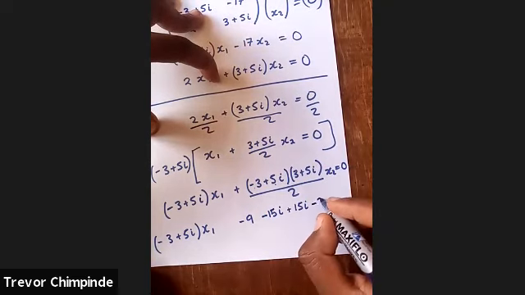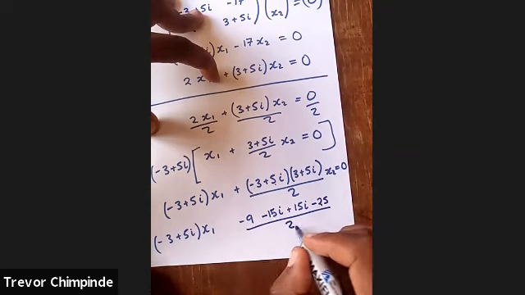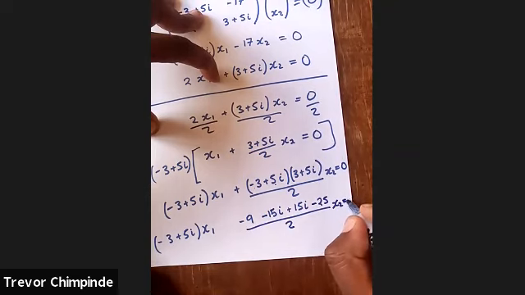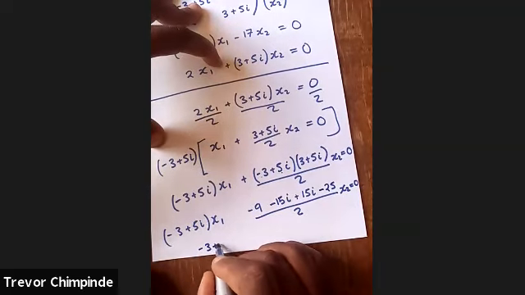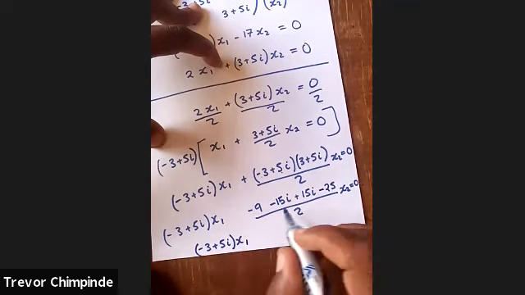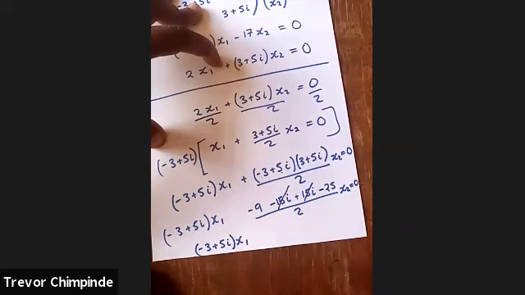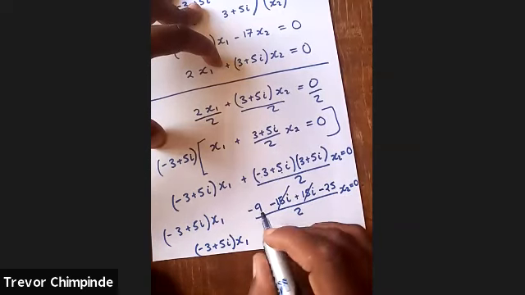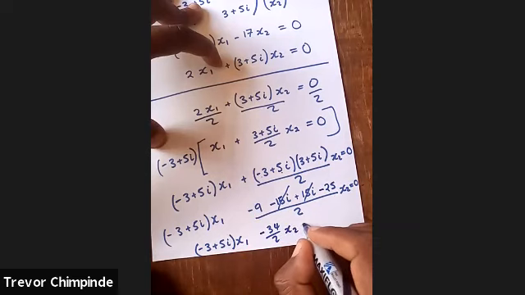Yes, negative 25 over 2, x2 is equal to 0. So this is (-3 plus 5i) x1. What does this give me? These cancel. Then negative 9 minus 25, that's negative 34 over 2, x2 is equal to 0.